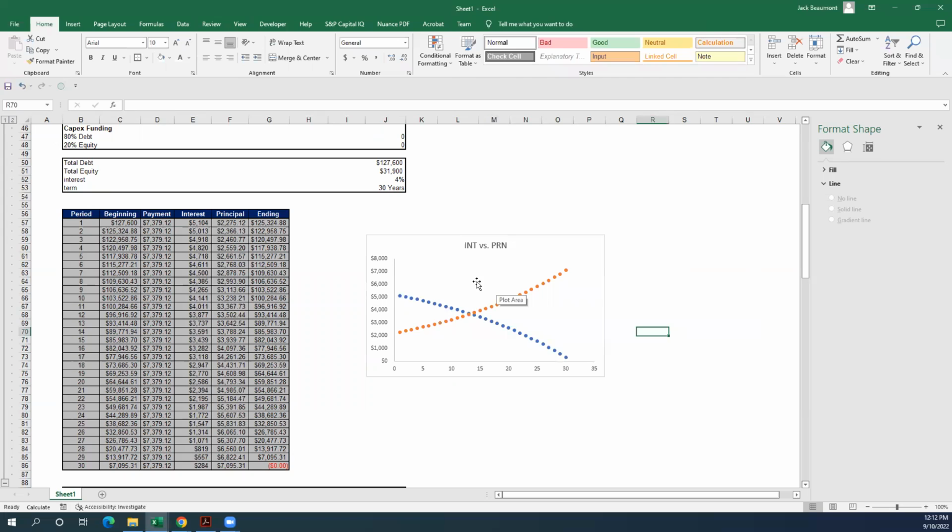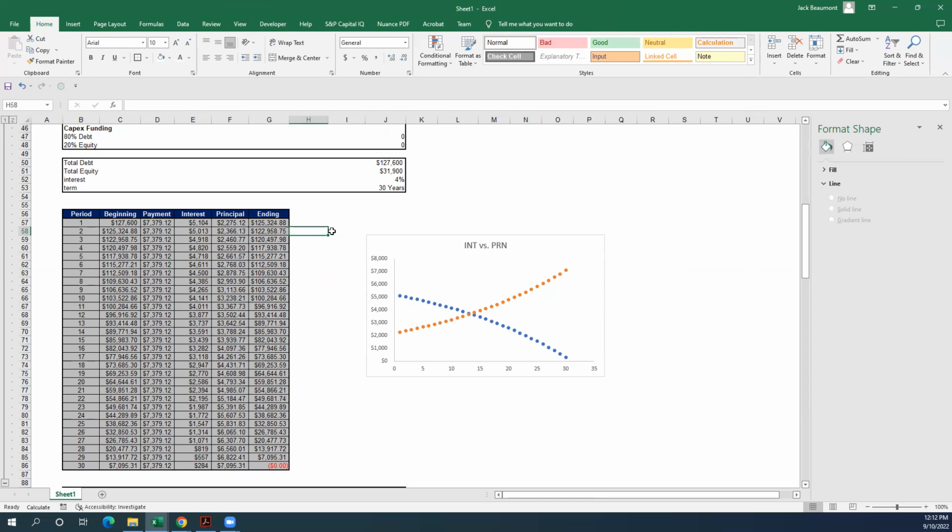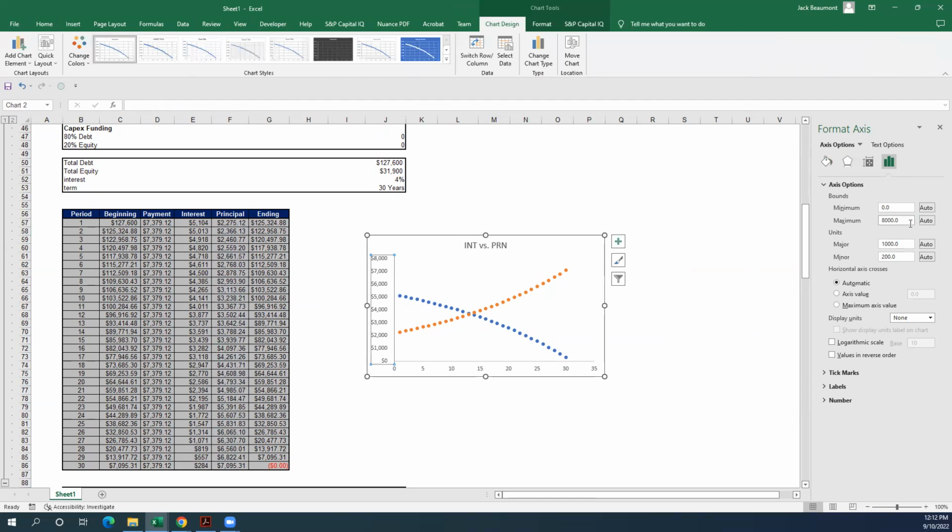Now I need to change this axis, just so, what is our max? I'll show you another, equals max. I know it's going to be 7,000 at the end, and our max interest is 5,000. So let's make the max 7,200.